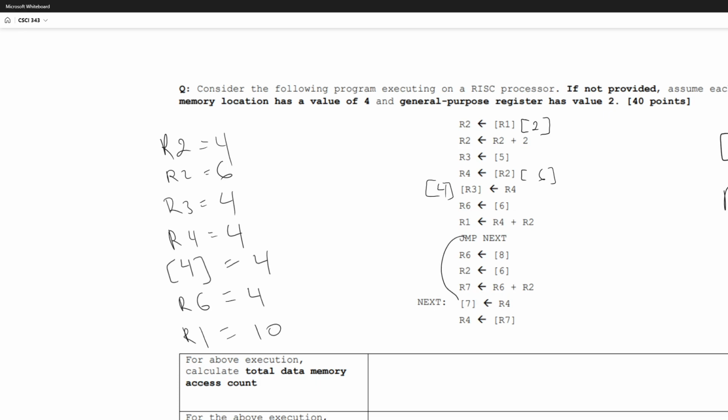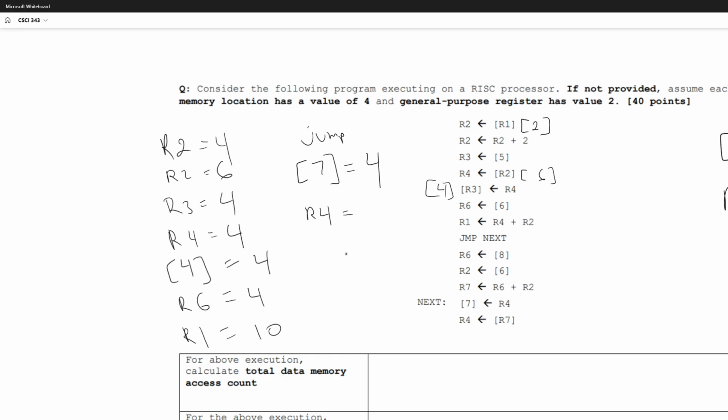We jump immediately to next. So these lines of code won't be executed. Jump, and then at memory address 7, we have the value of R4, which is 4. And then in register 4, we put whatever's in register 7.